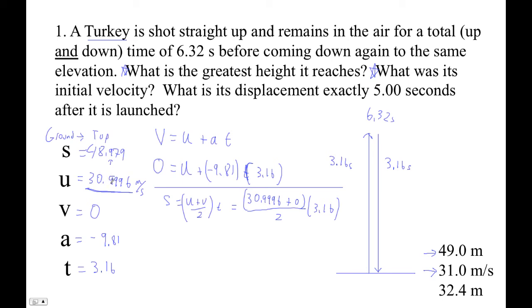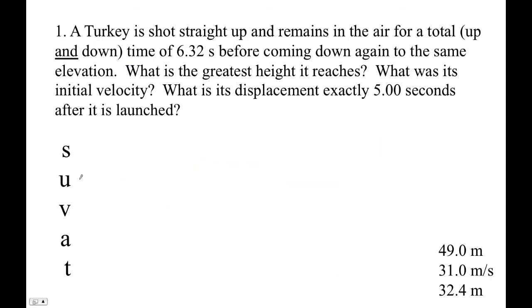So this we now know is 30.9996 meters per second, this is 9.81, and we're going from the ground to 5 seconds. So the time is 5 seconds, and we just want the displacement. We don't want to use one that requires us to know v, so we use s equals ut plus 1/2 at squared.